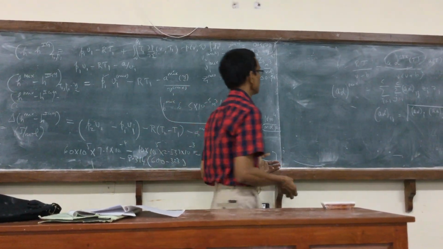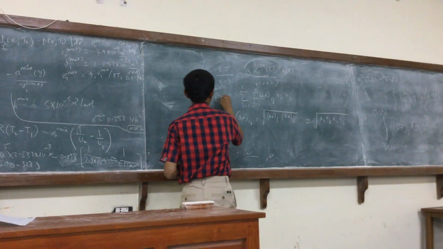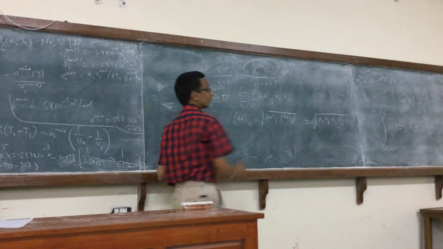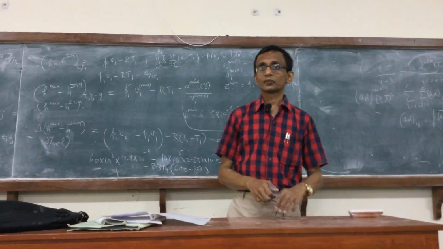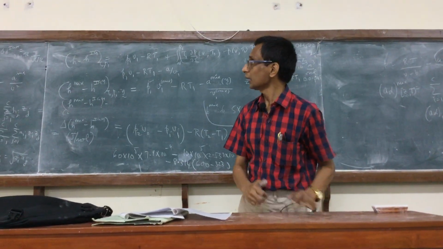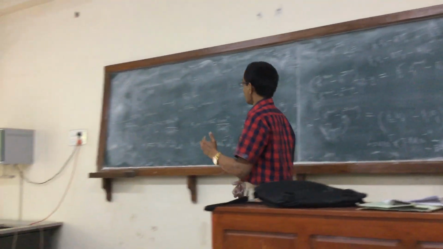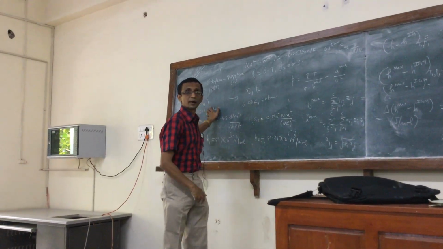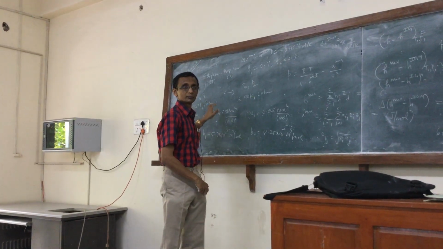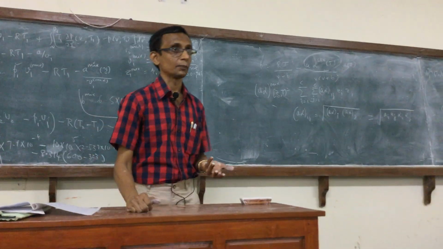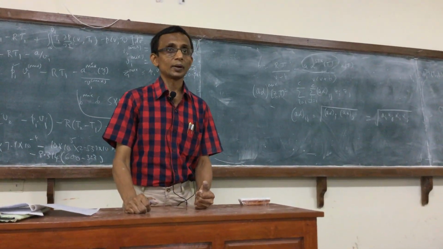So this is depending not only on z, but it's also depending on the temperature. So what does that mean? That means that for T1 I will get a different A alpha for the mixture. For T2 I will get a different one, because alpha is dependent on temperature.